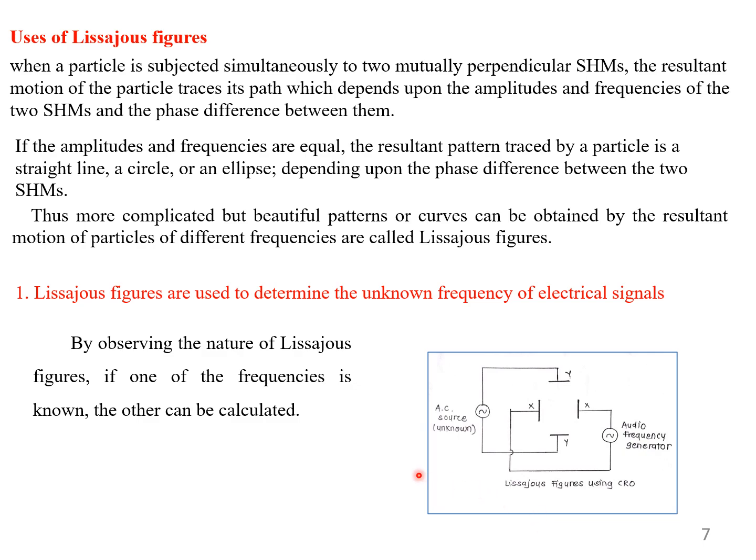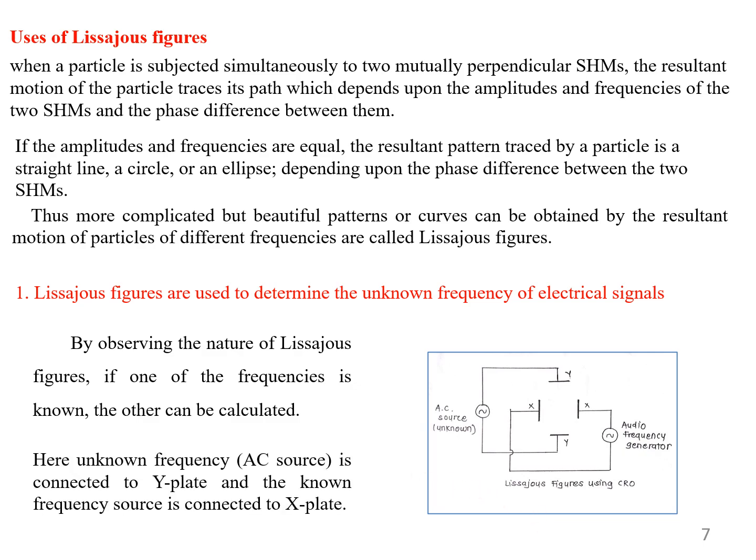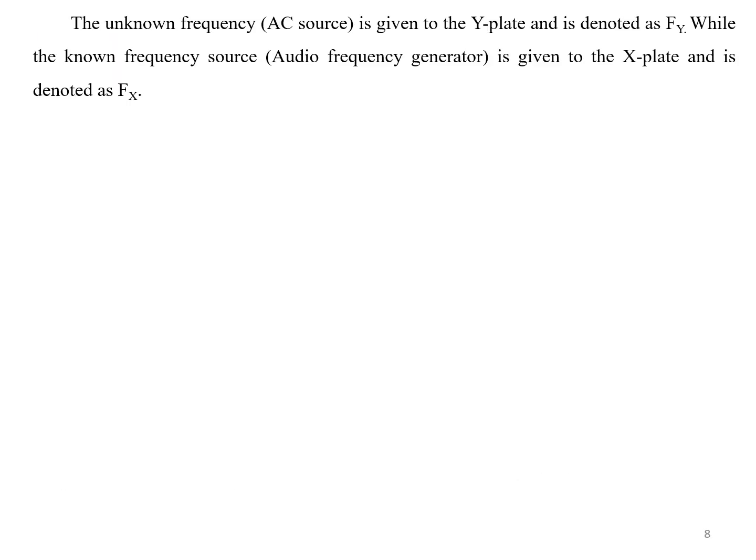The unknown frequency AC source is given to the Y plate and is denoted as Fy, while the known frequency source, an audio frequency generator, is given to the X plate and is denoted as Fx.